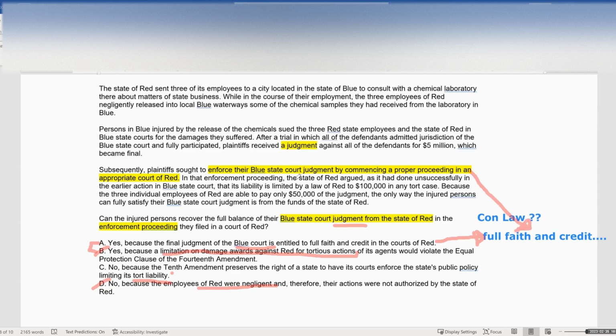In that enforcement proceeding, the state of red argued, as it had done unsuccessfully in the earlier action in blue state court, that its liability is limited by a law of red to $100,000 in any tort case. Because the 3 individual employees of red are able to pay only $50,000 of the judgment, the only way the injured parties can fully satisfy their blue state court judgment is from the funds of the state of red.